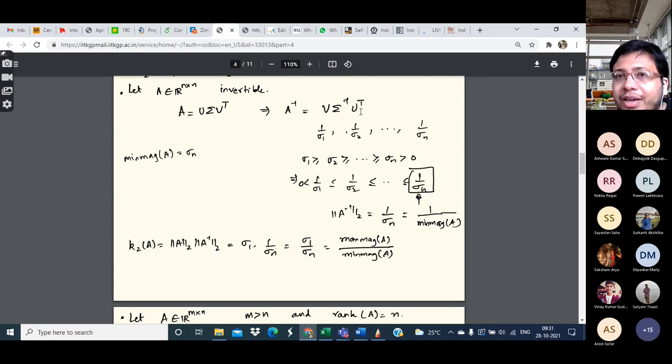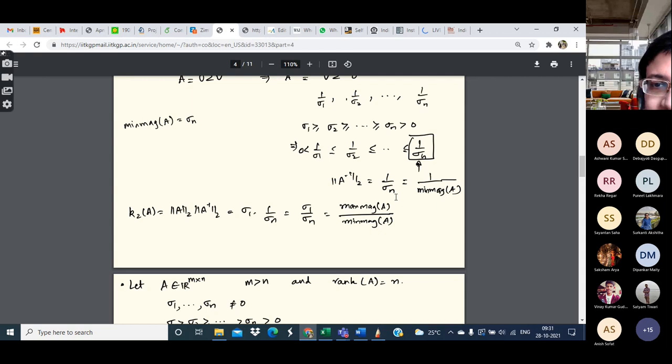Correspondingly, un will be the first right singular vector of A inverse, and vn will be its first left singular vector. Okay, so this is another result to remember.